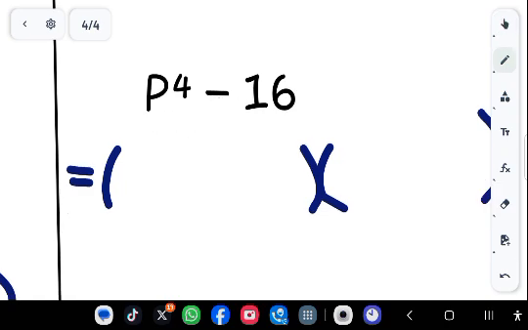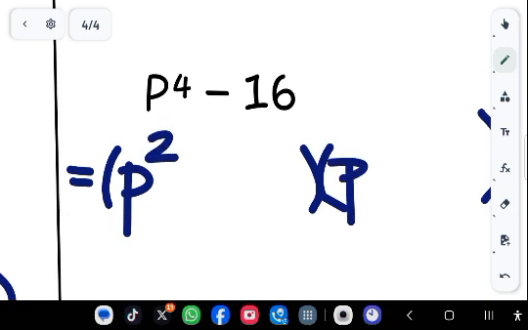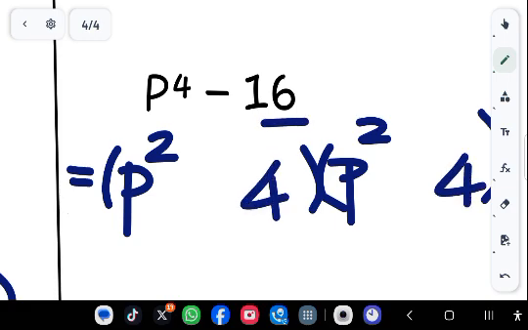The square root of p to the power of 4 is p squared, so we put that in each one of the brackets, and the square root of 16 is 4, so we put that in each bracket. One will be plus and the other will be minus. It does not matter where you put the plus or the minus, that's perfectly fine.